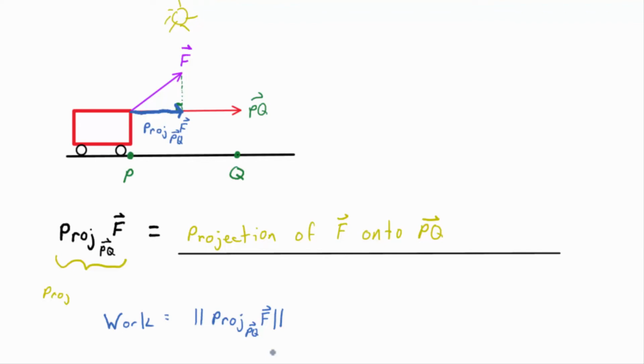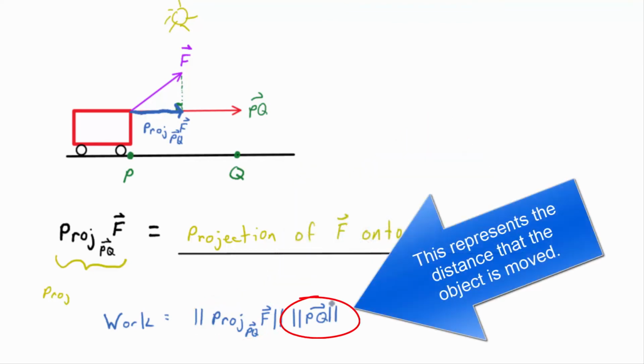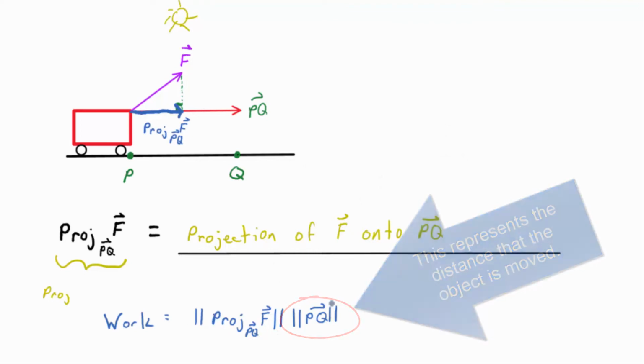The length of PQ would be the magnitude of PQ. So that's the distance. Okay, so that's just saying in symbols what we said above. Work is equal to force in the direction of motion times the distance that you're moving that object. Do you agree with that symbolically?